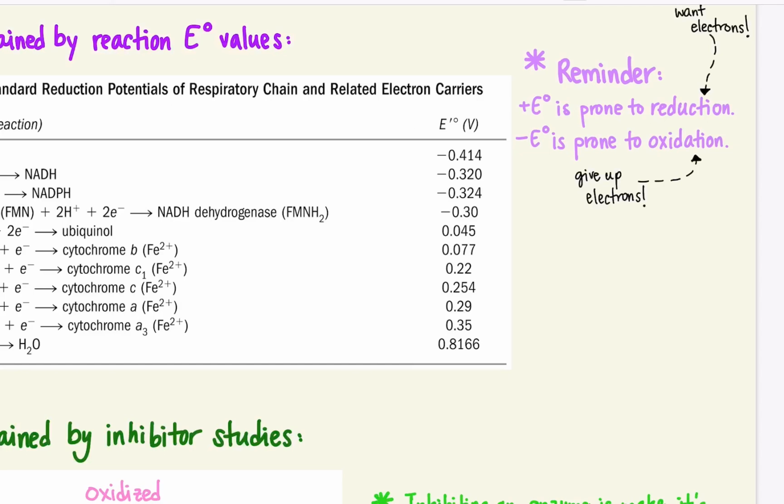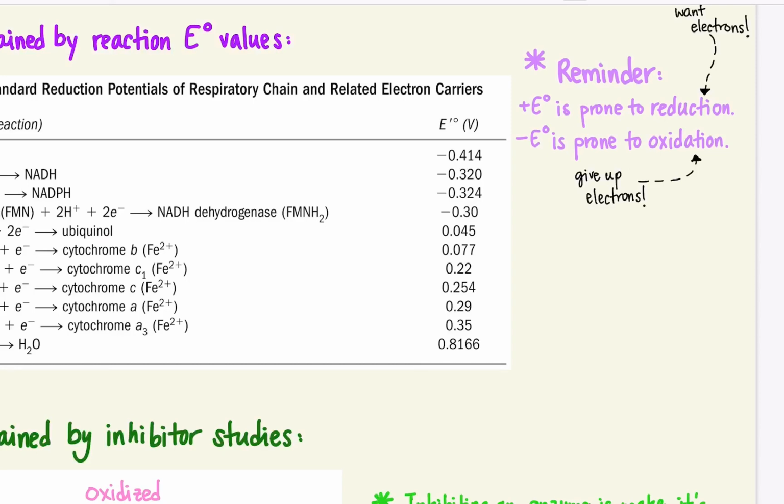Remember that reduction is getting electrons added to you. So species or molecules that are prone to getting reduced, they want electrons, okay? But molecules that are prone to being oxidized, they don't want electrons. And even if they have electrons, they want to give them up, okay?